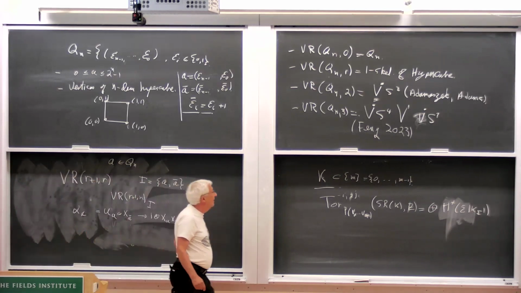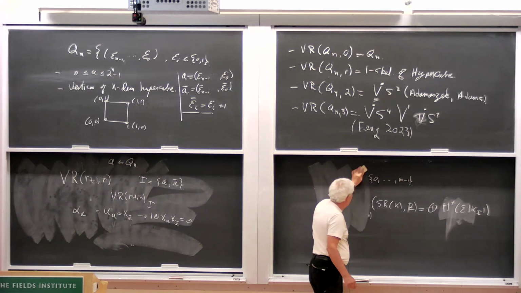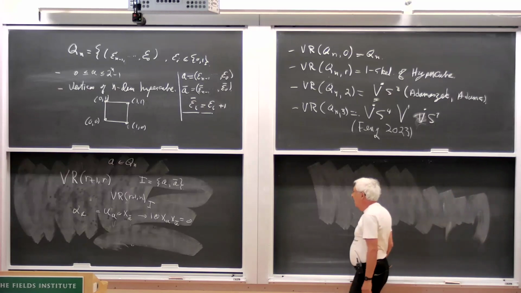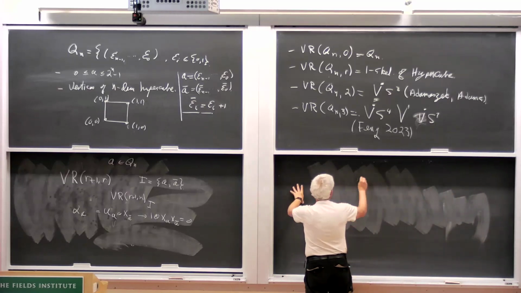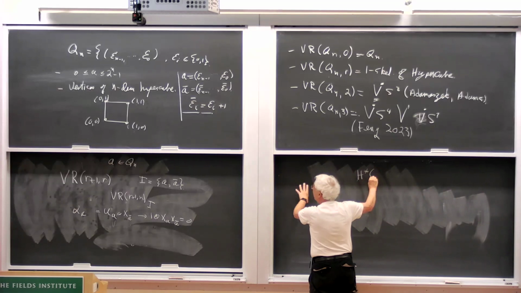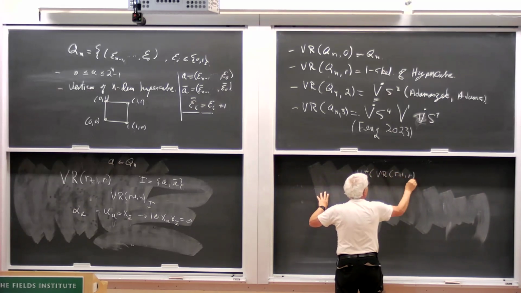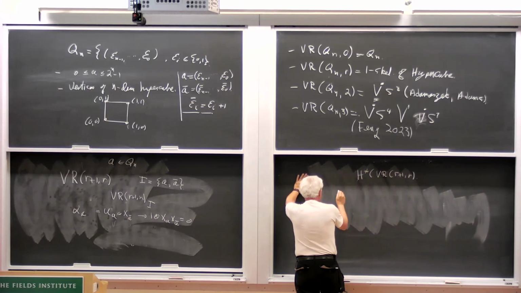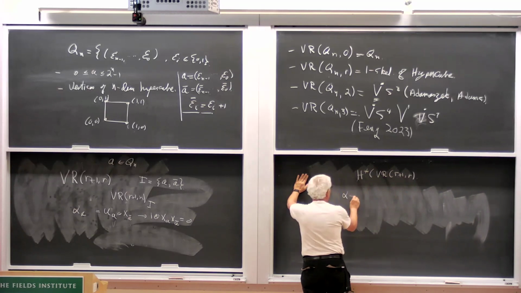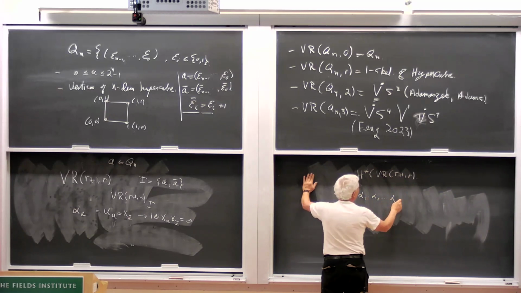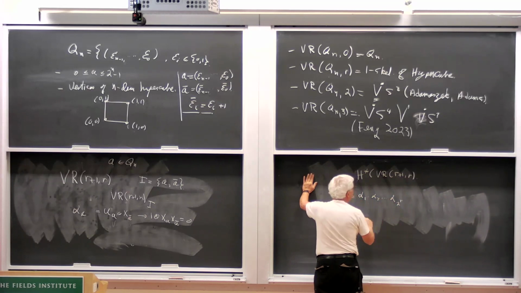Don't forget, I'm really interested in the cohomology of VR(r+1, r). I'm going to define alpha to be alpha_1 times alpha_2 up to alpha_{2^r - 1}, I guess.